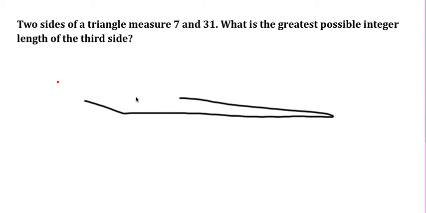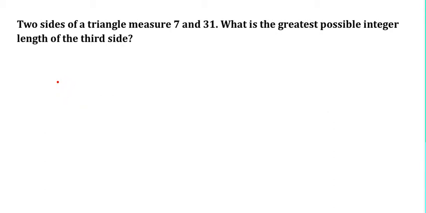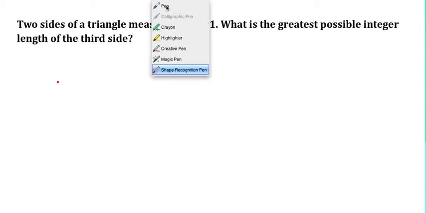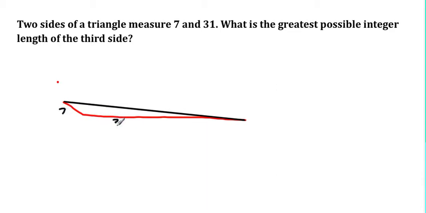And now I want to come back. Does that form a triangle? No, not too good. Let's just draw one, why don't we, Phil? And that's 7 and 31. Let's put a line in there. So these are all lines, and their lengths are 7 and 31.